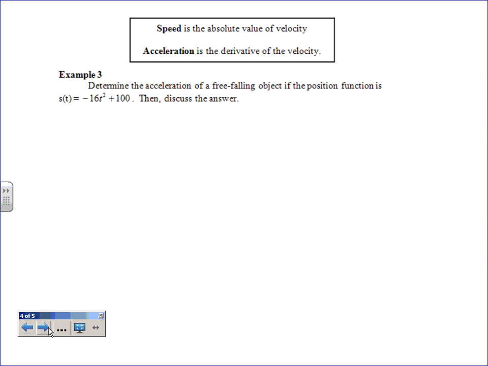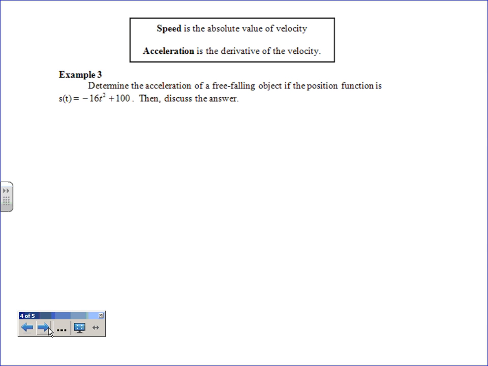So determine the acceleration of the free-falling object. But wait, what did I give you? Did I give you velocity? Did I give you position? How do you tell? I just want to know, what did I give you?